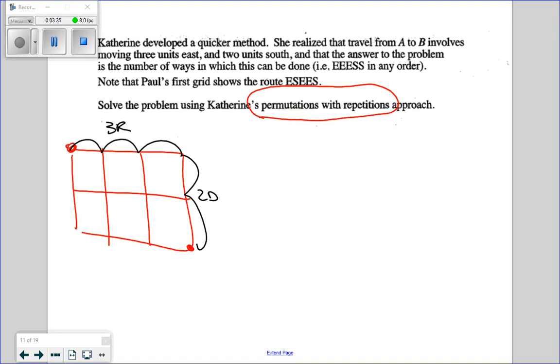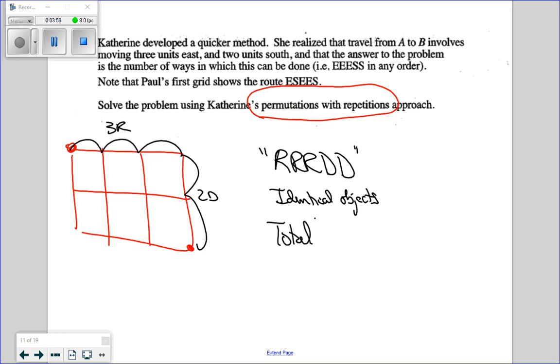So think of this as identical objects. You've got 3 R's and 2 D's. And you need to write them in like how many orders are possible. So for identical objects, you do the total on the top and each repeat on the bottom.